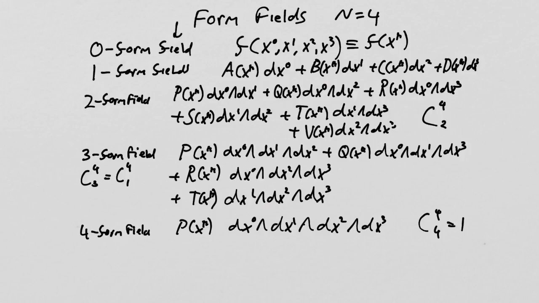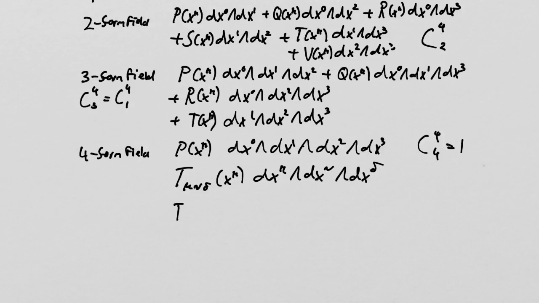Now, let's take the 3-form field, for example. It would actually be T mu nu delta as a function of space-time, dx mu wedge dx nu wedge dx delta, like that. And then T, say, 0, 1, 2 would equal P x mu, right?